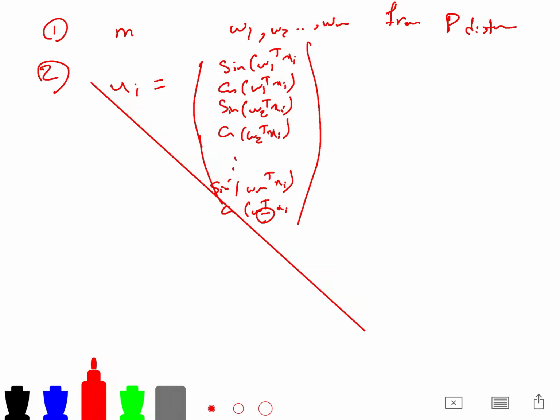I told you that this m is a design variable. So the larger m, the better approximation you get. It's like the SVD when you approximate an image: the higher the number of eigenvalues, the larger the sub-matrix that you use, and the better the approximation.